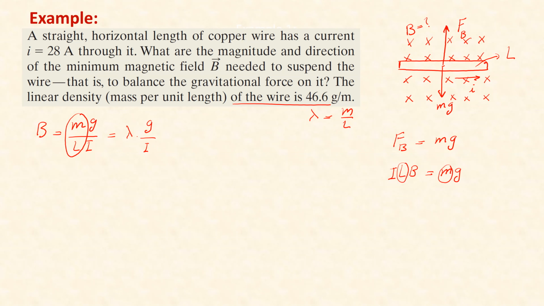So now we know lambda, and lambda is 46.6 grams per meter, or in SI units becomes 0.0466 kilogram per meter.